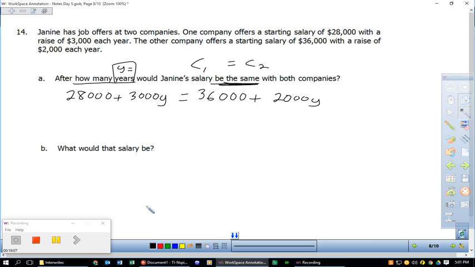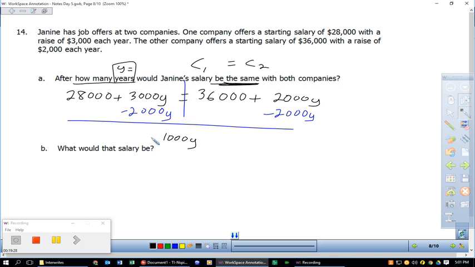Okay, now we are going to move variables. Let me draw my line right here. So move variables. I'm going to subtract 2,000 y from the y term. So that gives us 1,000 y. Now I'm just going to keep that 28,000 equals 36,000.